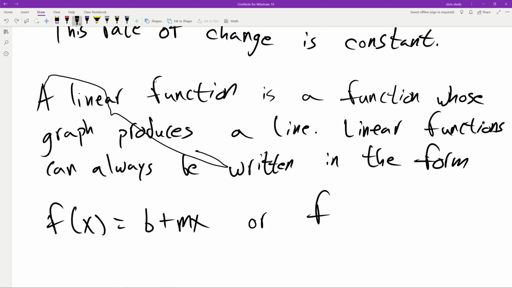So, let me rewrite this. Or f of x equals mx plus b. These two things are equivalent because addition is commutative. The order in which you write the addition does not matter.